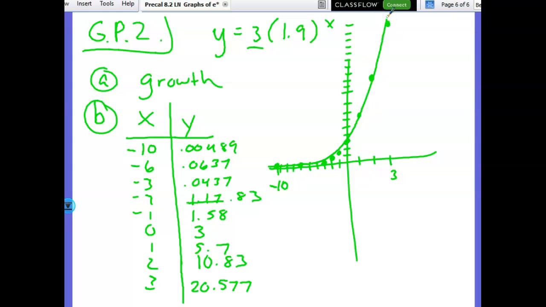Notice that this graph is a little bit different than the last one, because instead of going down as we move to the right, it's going up. So what's my y-intercept? 3, just like we said. What's the horizontal asymptote? It's 0 again. Y equals 0. So that's the same.